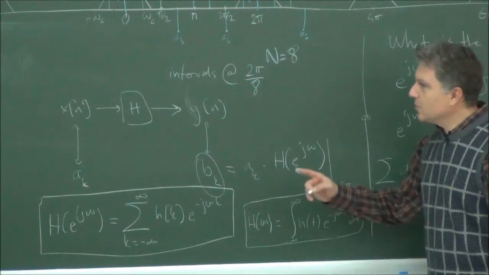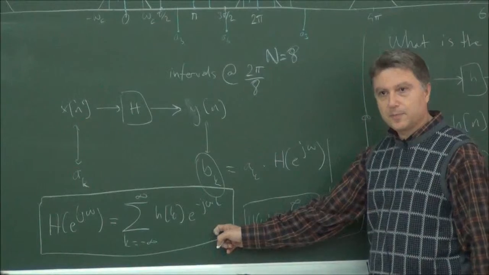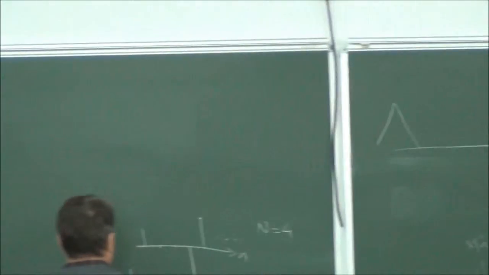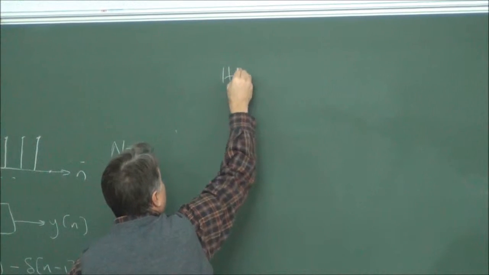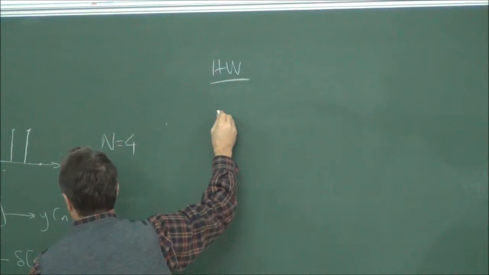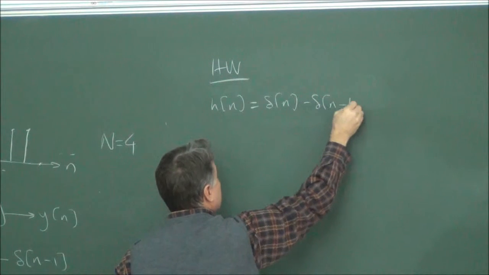Now let me ask you the question, because you have the formula now. Use this formula to find, let's erase this part, and it will be a good exercise for you as a homework. h[n] was equal to delta[n] minus delta[n-1].